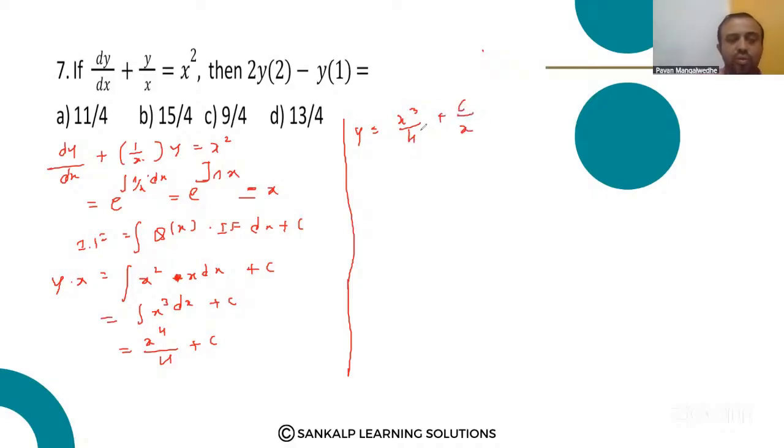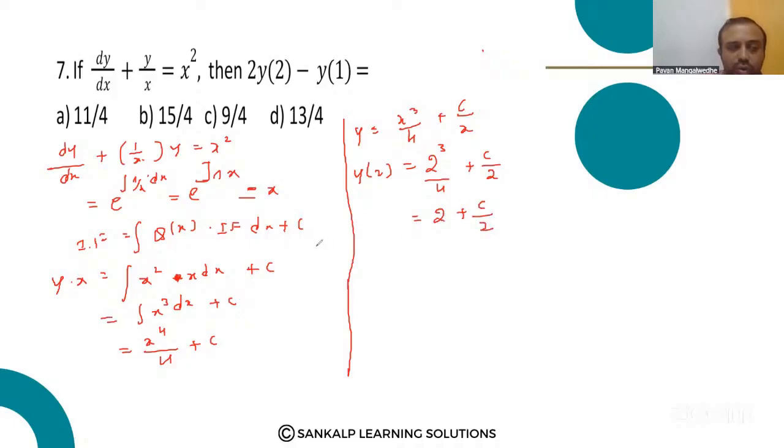Okay, so assuming this for the unique answer, y of 2 is just substituting 2 wherever x is there. That is 2 cube by 4 plus c by 2, which is 2 cube is 8, 8 by 4 is 2, plus c by 2.